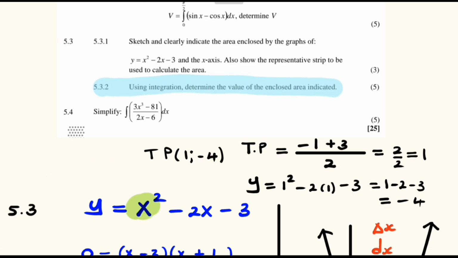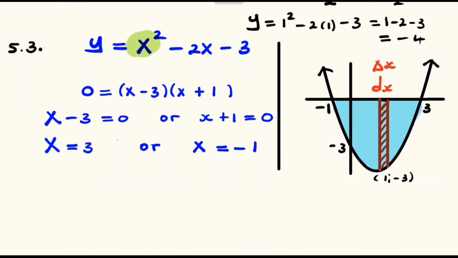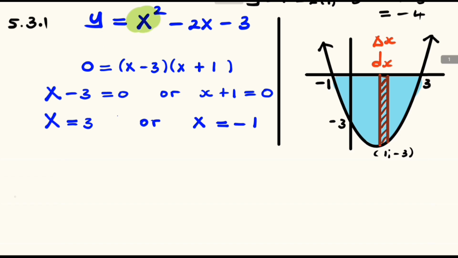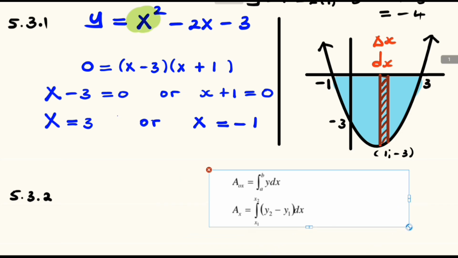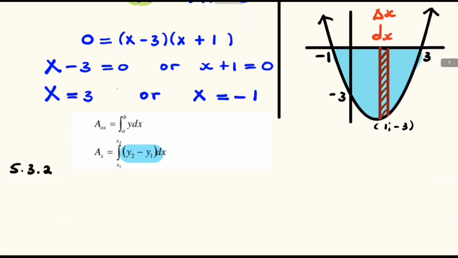We use integration to determine the value of the enclosed area. We calculate the area between the two graphs, the area between the x-axis and the parabola. And from the formula sheet, we have that formula, the one which has y2 and y1. So let's copy this formula.